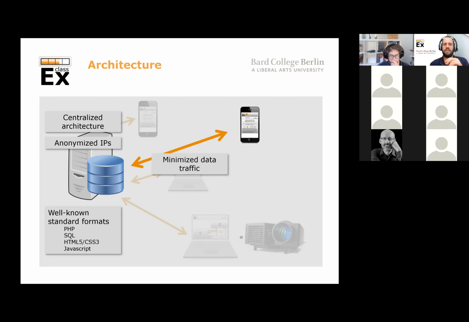Another important thing that we try to achieve is, as you can use it also with mobile phones and in very crowded places, it may be the case that the data connection may be a problem. So we really try to reduce the traffic between the clients, so the devices of the participants, and the server.